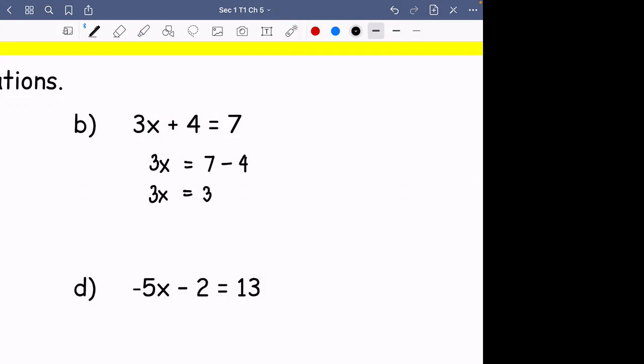It's 3. To get rid of 3, because we just want x, we divide both sides by 3. This is cancelled, so x is equal to 1. That's your answer for letter B.